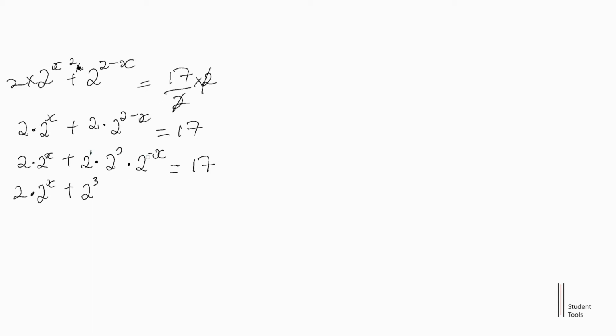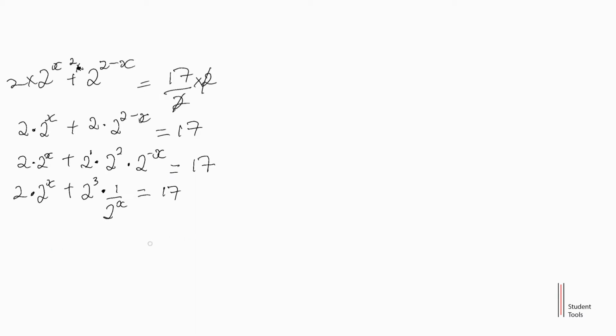So now we have this 2 to the power minus x, so this is the same as multiplied by 1 over 2 to the power x, equal to 17. We're bringing that down.